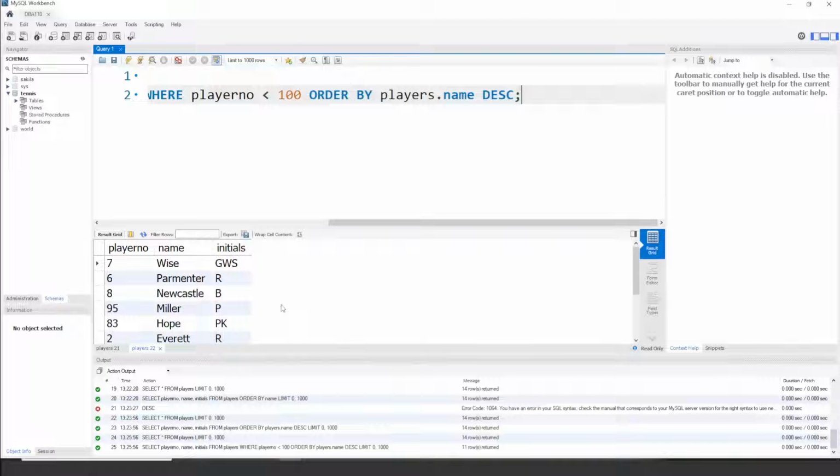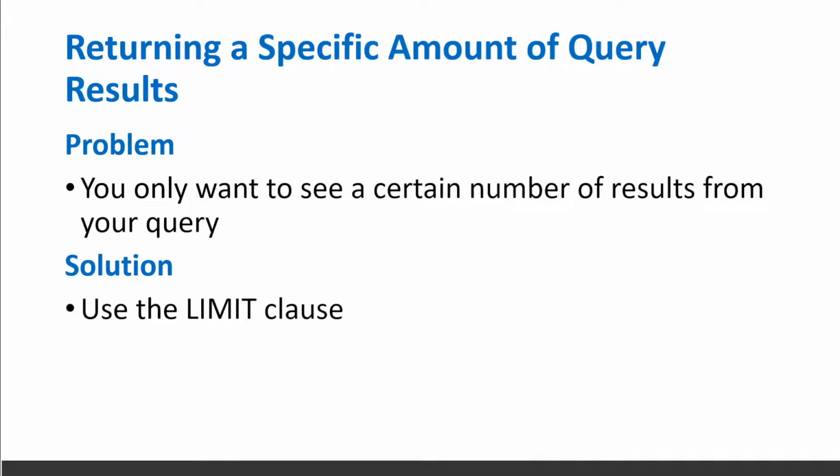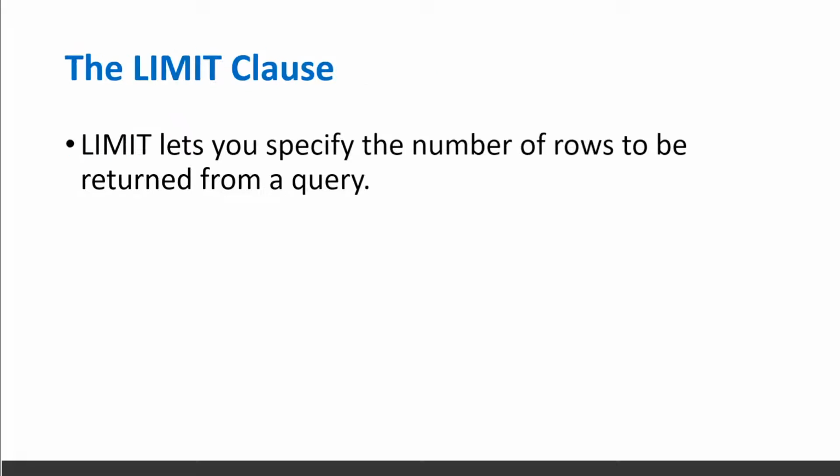Now let's say that we only want maybe the first three. Let's say we want to limit our results to 3. We only need to see a certain number of results. If we want to only see a certain number of results from our query, we can use the limit clause.